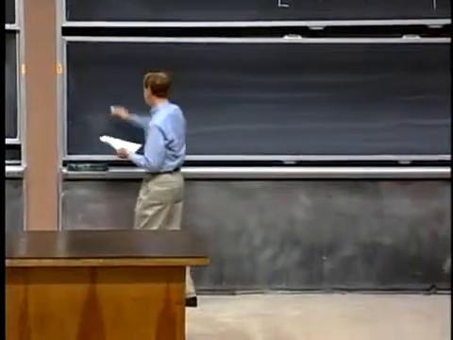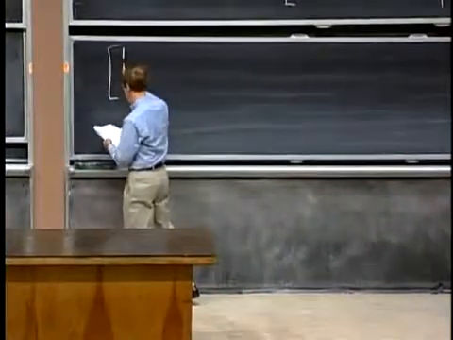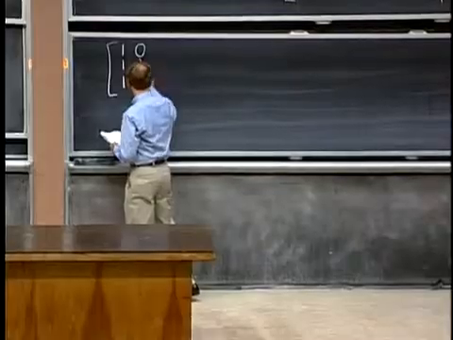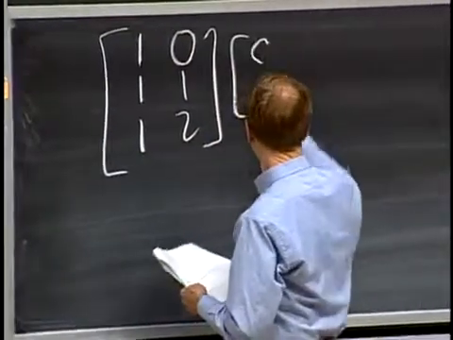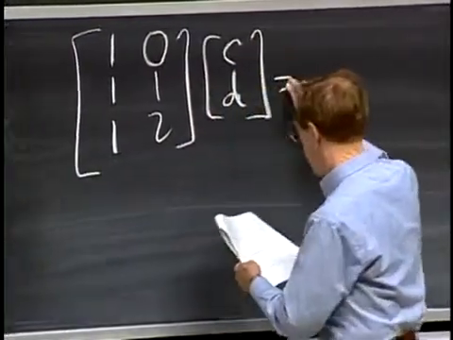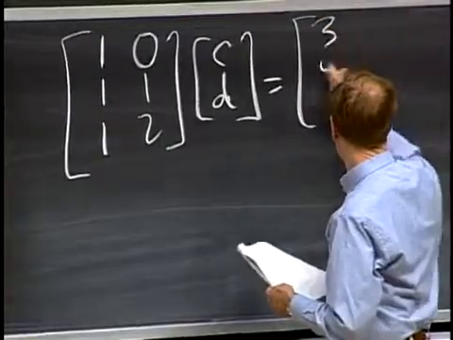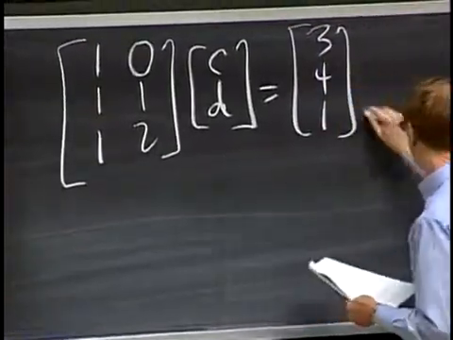Okay. Least squares. So I'm giving you the problem. 1, 1, 1, 0, 1, 2, times C D equals 3, 4, 1. And that's B, of course.